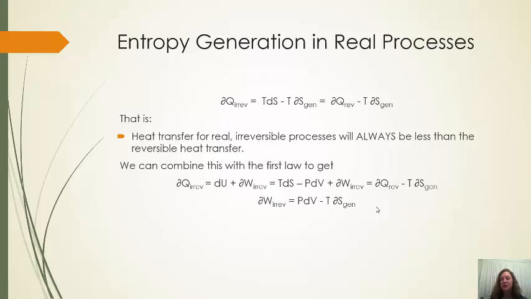The real heat transfer is going to be something like the reversible heat transfer minus TdS generated. So I'm always going to have this little correction for the amount of entropy being generated by friction losses, mixing, unrestrained expansion, etc.